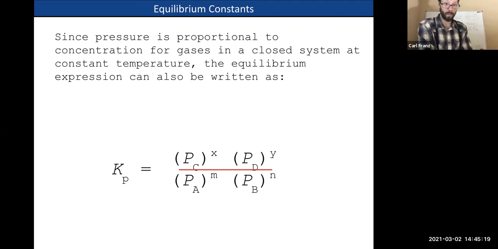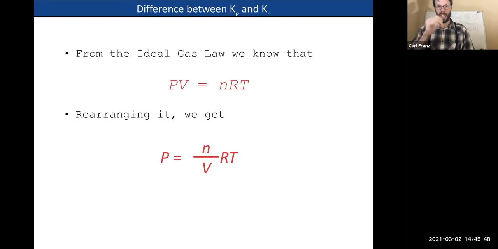If the temperature is constant and it's a closed system, so gases aren't escaping, then we can say that Kp, or the equilibrium constant of the pressure, is equal to the respective pressures of the products raised to their coefficients over the respective pressures of the reactants raised to their coefficients. Okay.